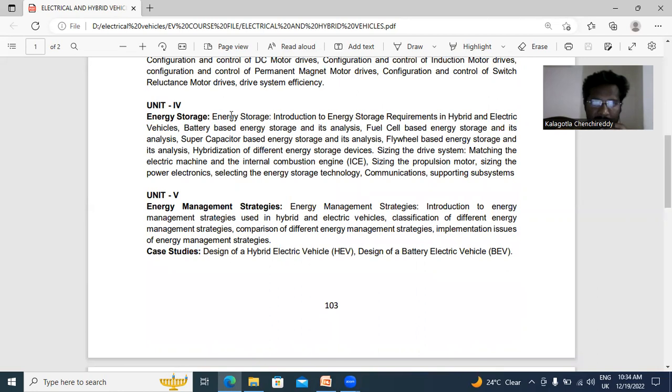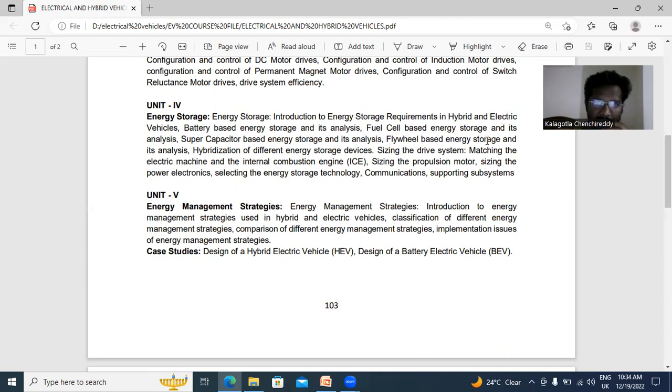In this energy storage chapter, mainly 5 types are there. This chapter is the introduction to energy storage requirements in hybrid and electrical vehicles. First, battery-based energy storage, and the second one is fuel cell-based energy storage, and the third one is supercapacitor-based energy storage.